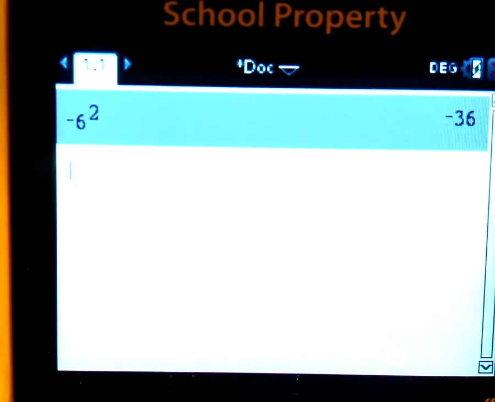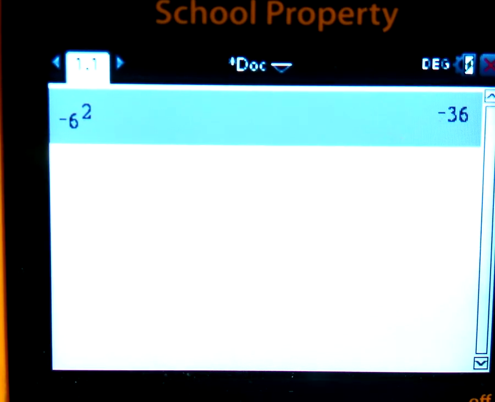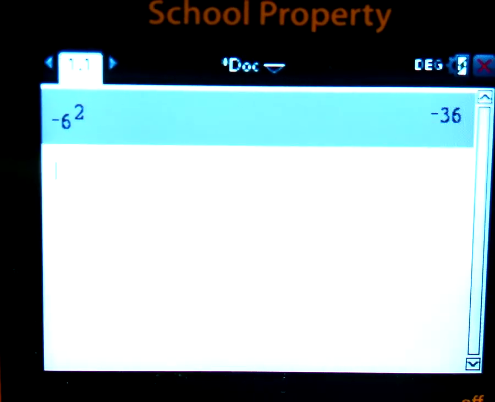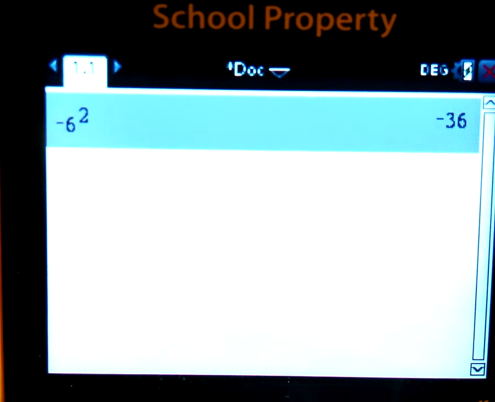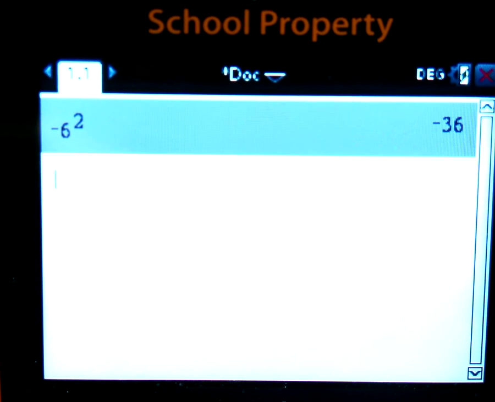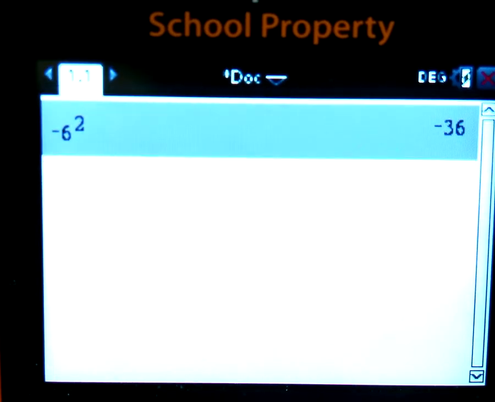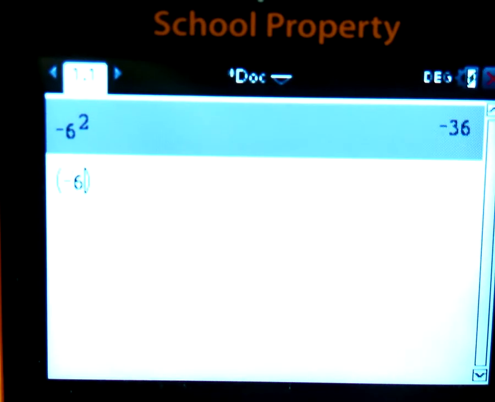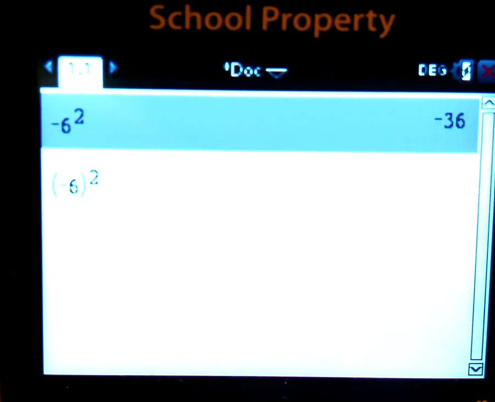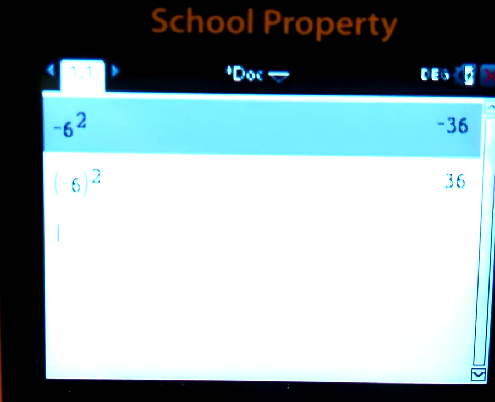You or the calculator? So the calculator did exactly what you asked, or what we asked. It squared a negative 6. No, it didn't, did it? It squared a 6 and then multiplied by a negative. Is that what we meant to ask it to do? What we meant to ask it to do was this. And if you forget to put in those parentheses, you're going to get the wrong answer every time.